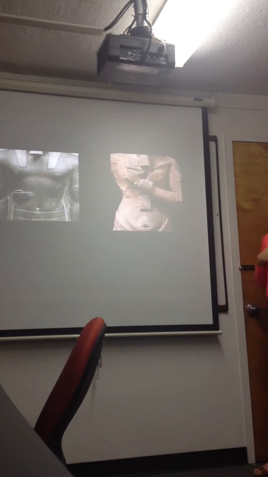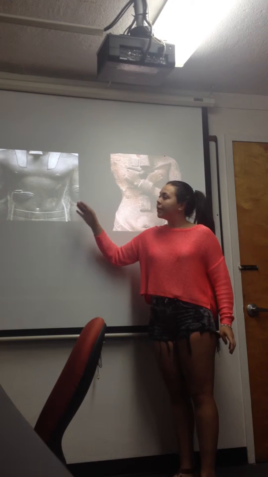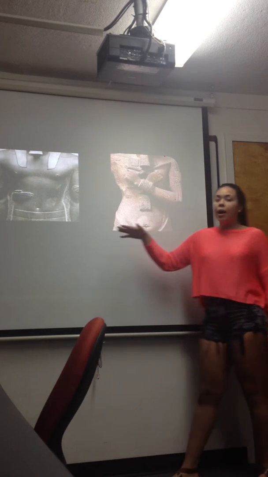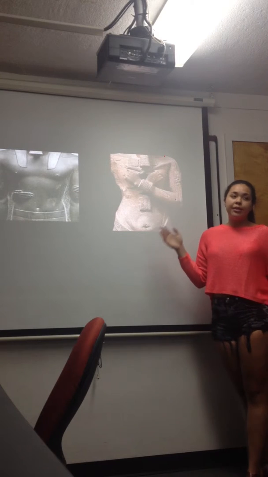One of the differences: we can see that Menkaure has a built, muscular body, but Akhenaten has a physical distortion, about which there are a lot of theories.